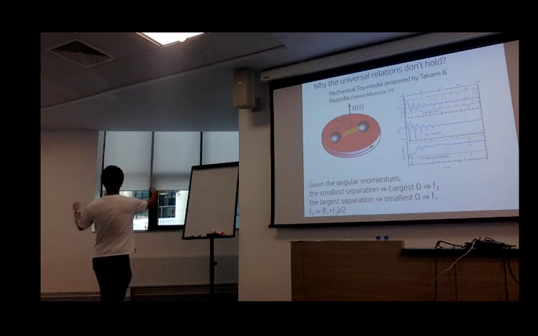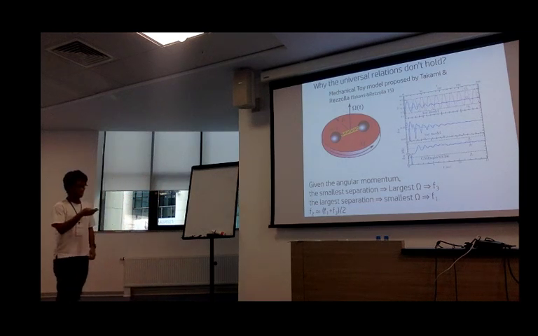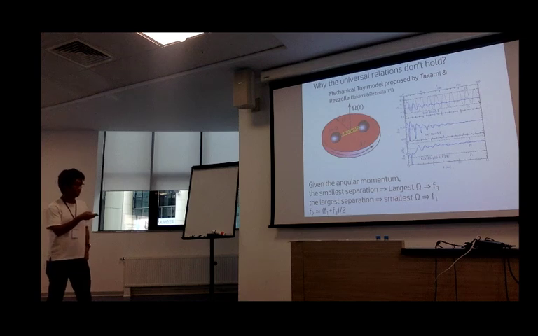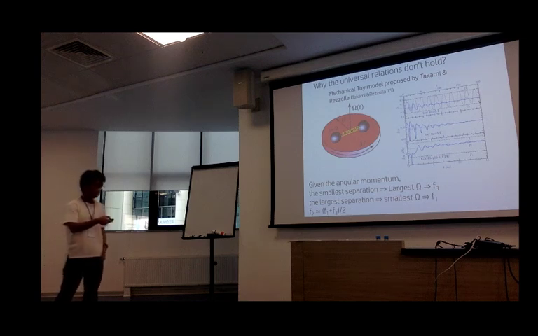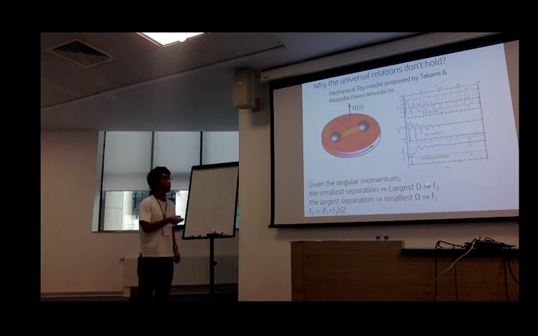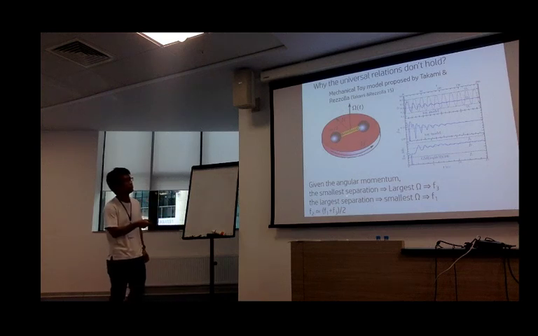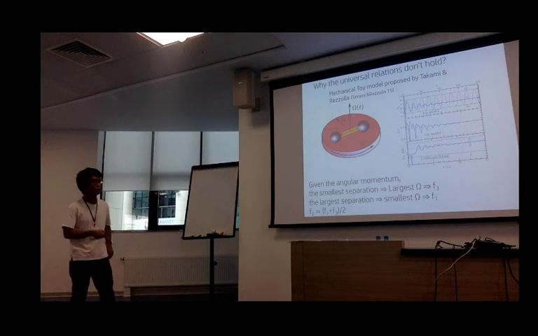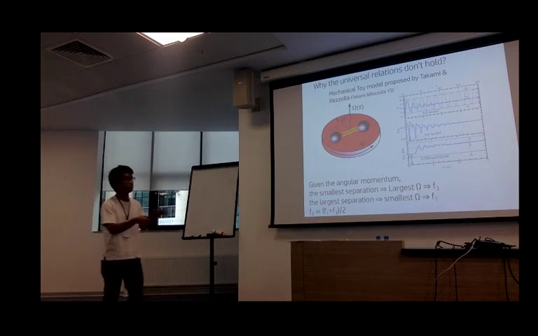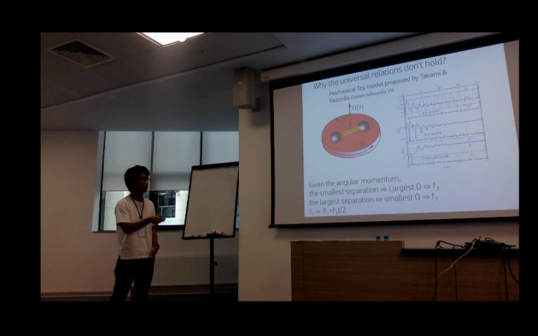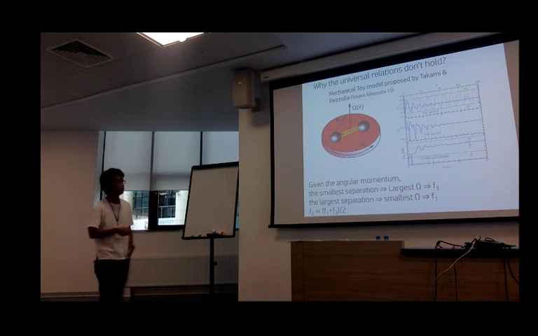With this toy model, given angular momentum conservation, the smallest separation corresponds to the largest omega because of the smallest moment of inertia. This corresponds to F3. I didn't mention F3 at all, but anyway, this is the largest frequency. On the other hand, the largest separation gives the smallest omega. This corresponds to F1, and F2 is the average of F1 and F3.